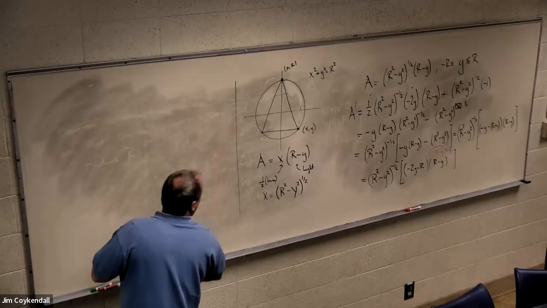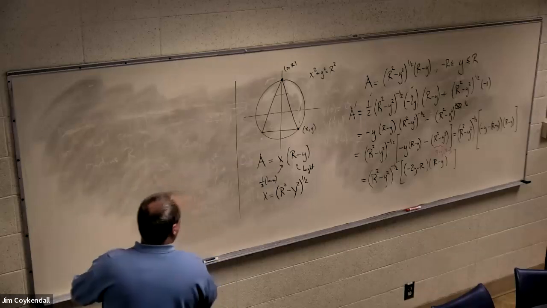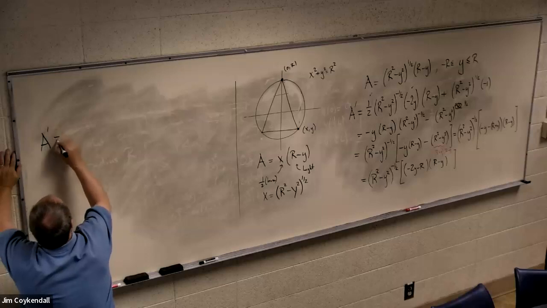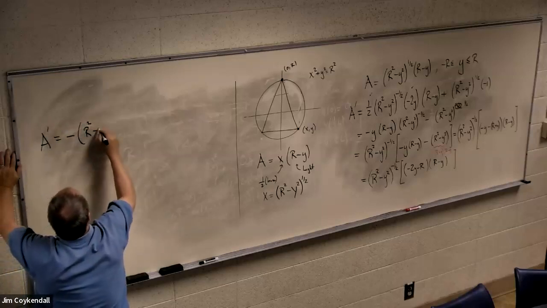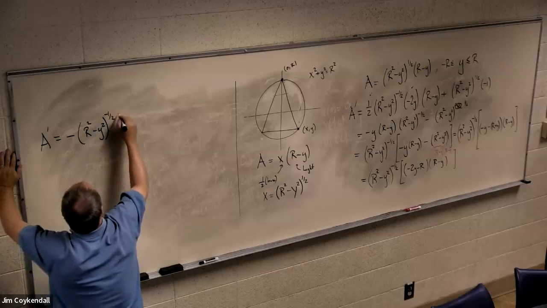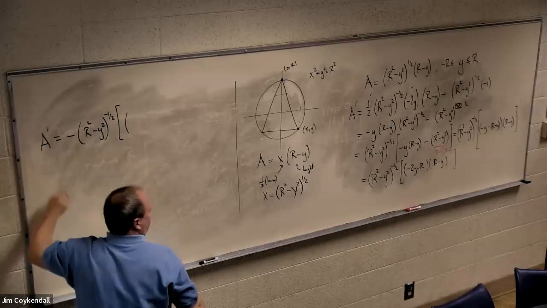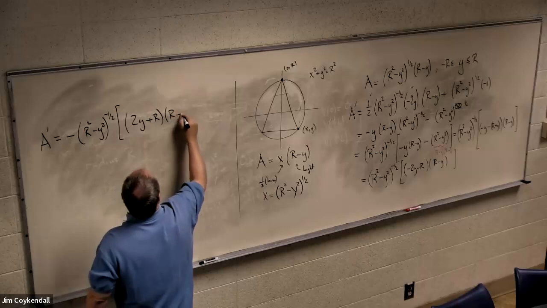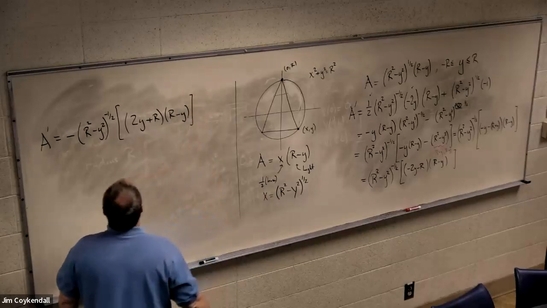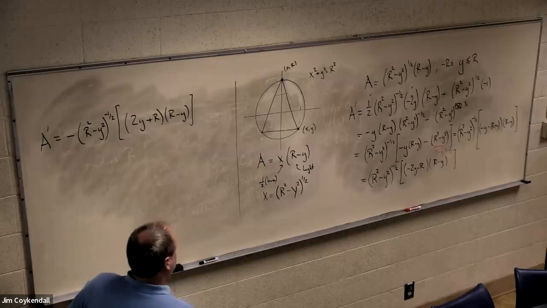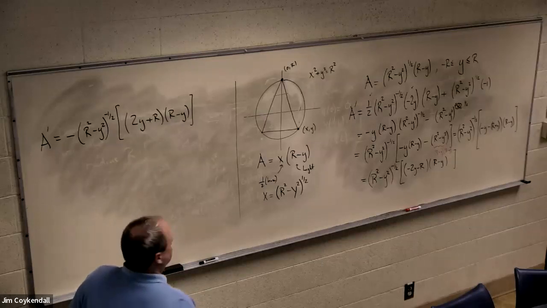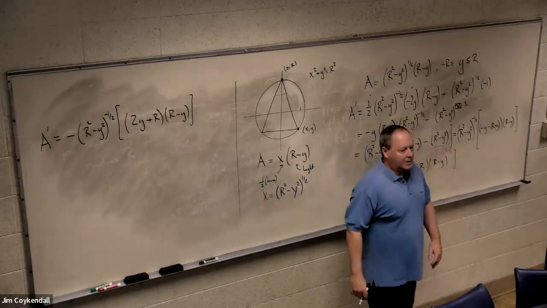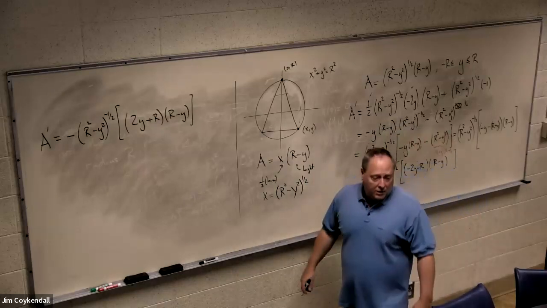One more time, I'm going to pull out a minus as a first factor. So at the end of the day, I've got A prime equals minus, and I pull the minus out of that factor, 2y plus r, times r minus y. And now, since I took the time to do it, it's easier to pull off the critical numbers.